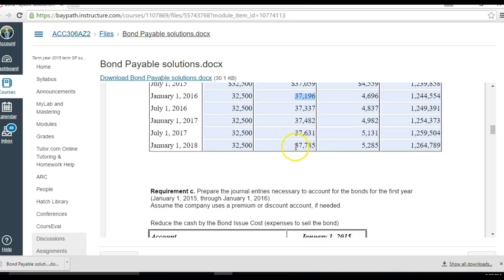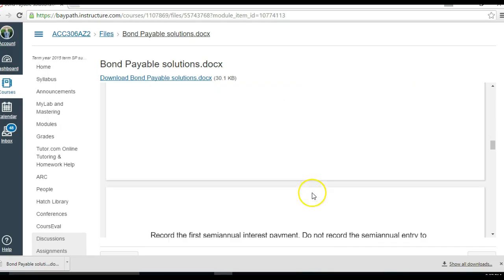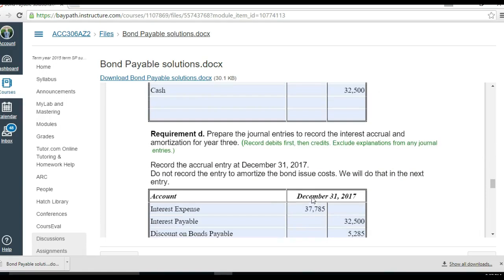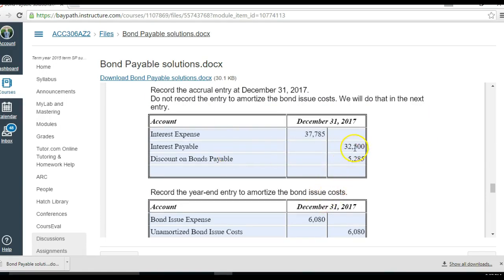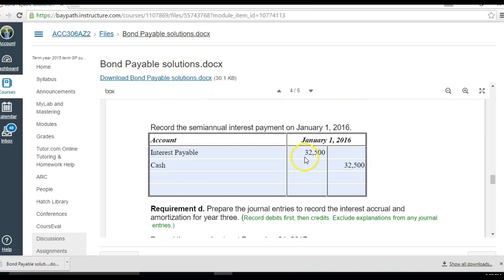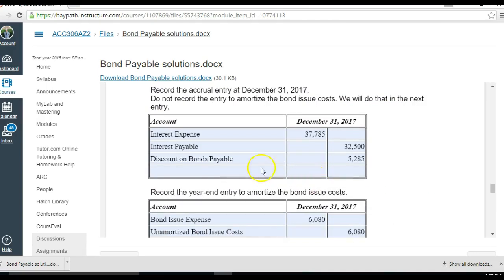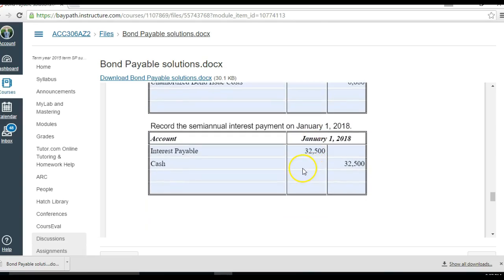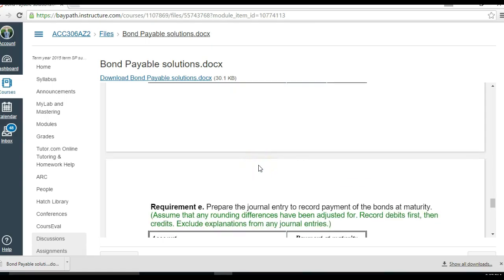So our journal entry: we're going to credit our interest payable, and we're going to credit the discount. Again, we record the bond issue costs. And then we do a semi-annual interest payment on January 1st for 2018 for the same amount.